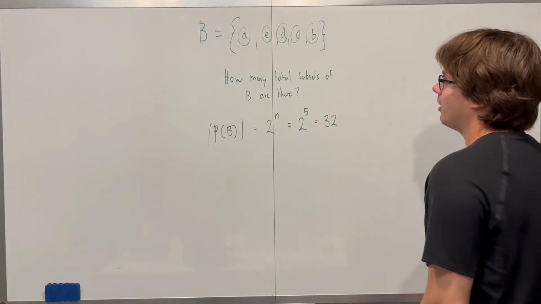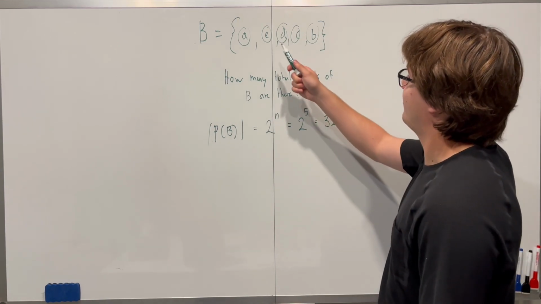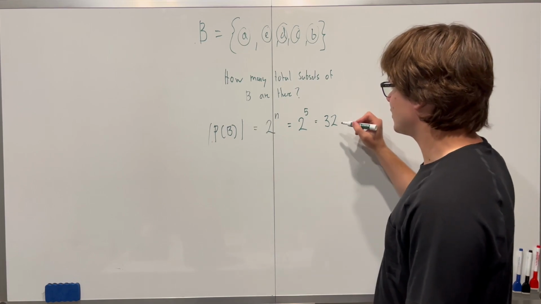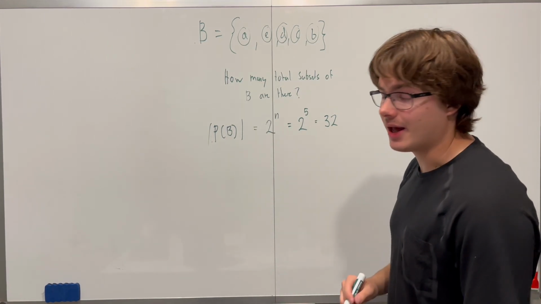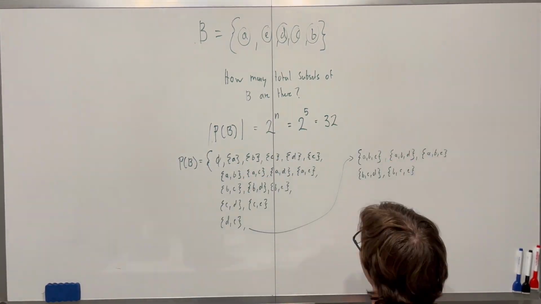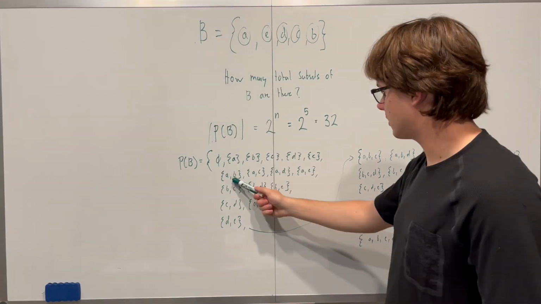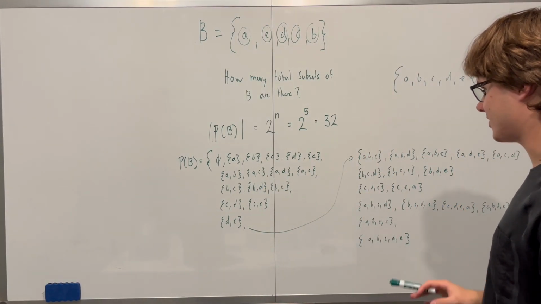Okay, now just for clarity, I am in fact going to write down every single subset of B. I'm going to write down what the power set of B is, just to more thoroughly convince you that this is true. So let's go ahead and do that. I think after a while, I have written out every subset.